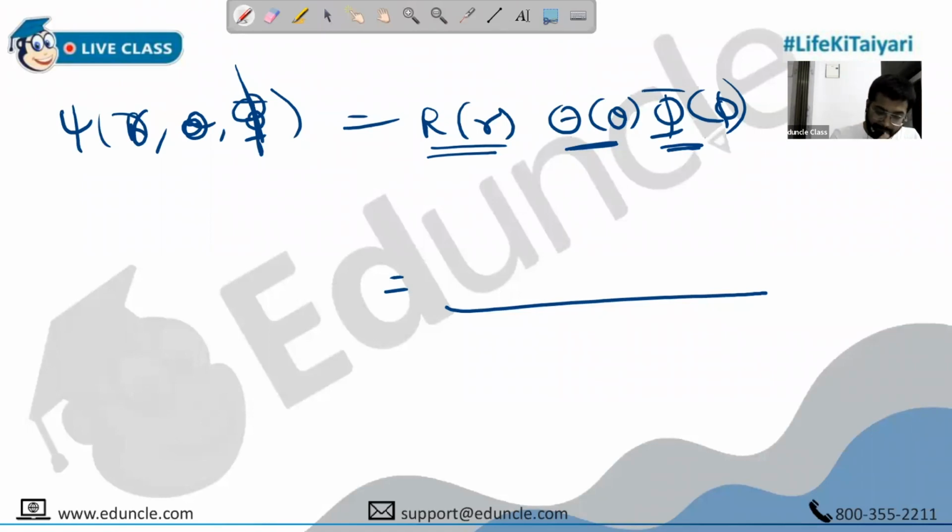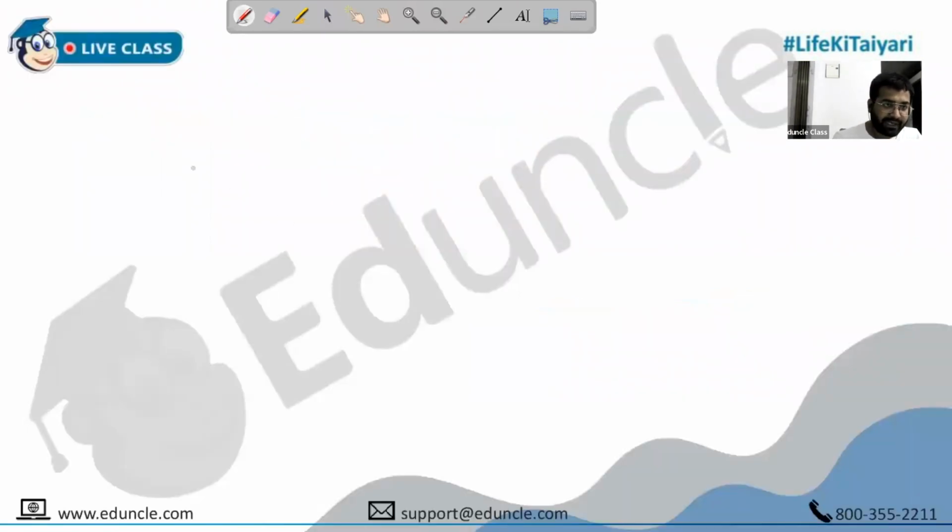Okay, so for an example, we have written, if you see in the book, that R depends on n and l, two quantum numbers, and it is given by e raised to some constant, I think we have written A r upon n, and then r raised to l, and then there is some function of r.